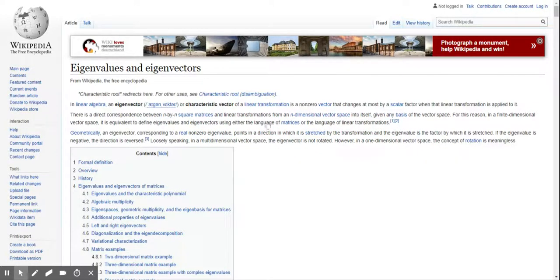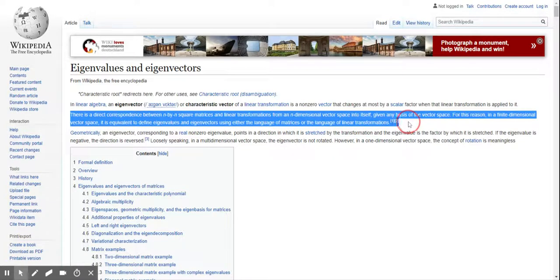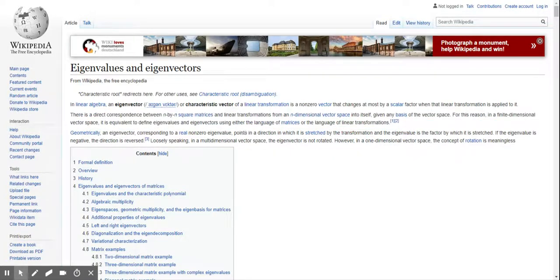Okay, so what this basically says at the intuitive level is that in the case of n by n matrices, you can understand transformations in this n-dimensional space by just drawing a matrix, but as well as just in the form of linear transformations, meaning vectors and scalars.